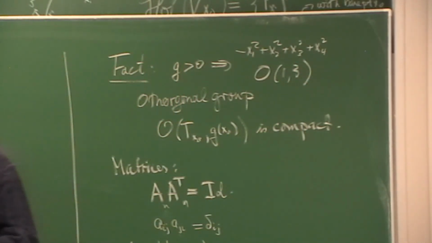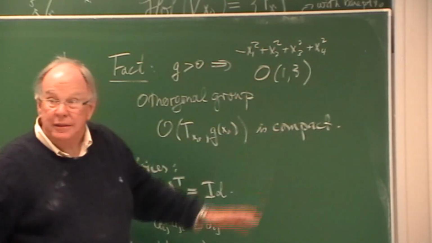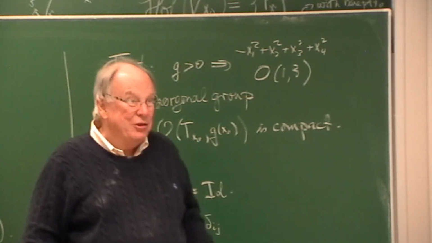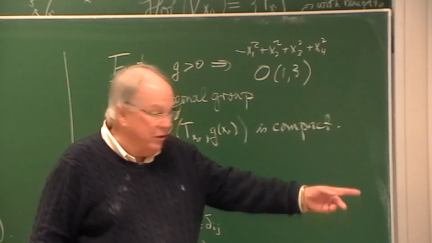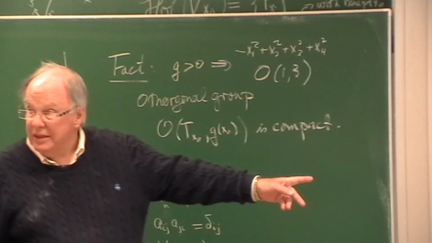There's only one such thing up to some eigenvalue or some square root transformation. This group is very non-compact, and that's the whole point, because then you will have light cones and all this stuff I'm talking about. This group is very non-compact.